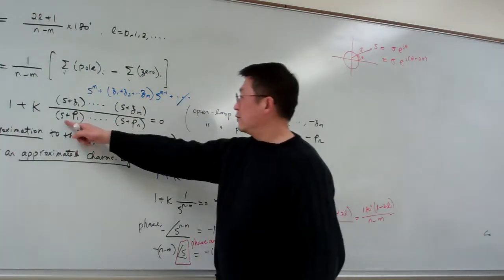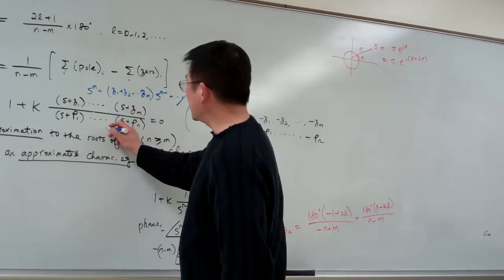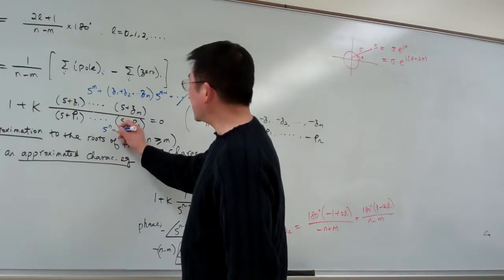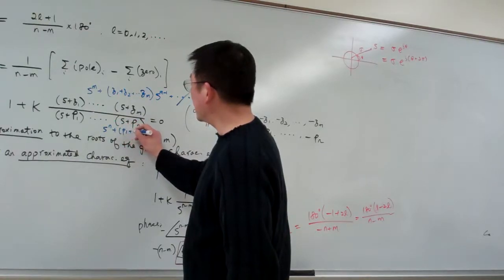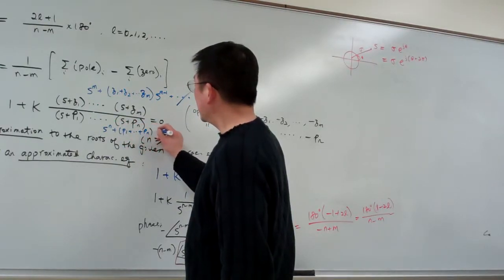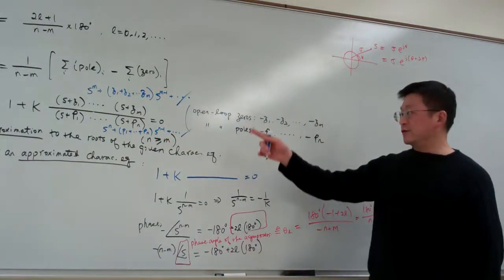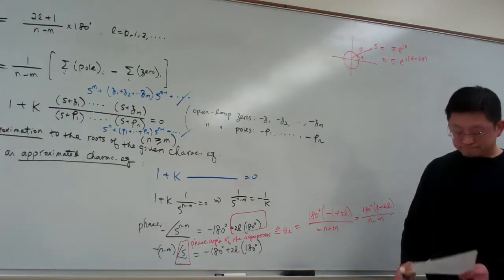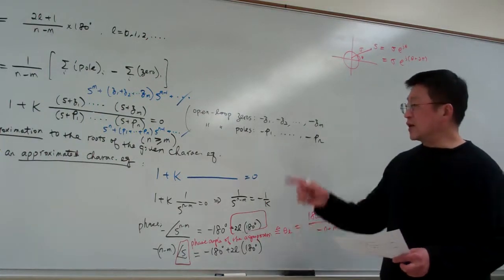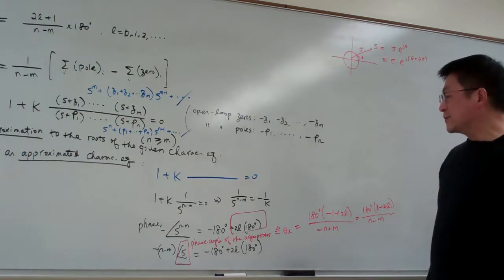The same for the denominator: the highest order term is s^n plus (p1 plus ... plus pn) s^(n-1), and we keep the first two terms there. Okay? So this is our approximation.